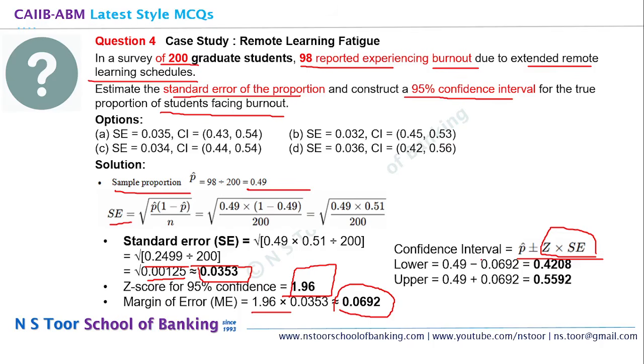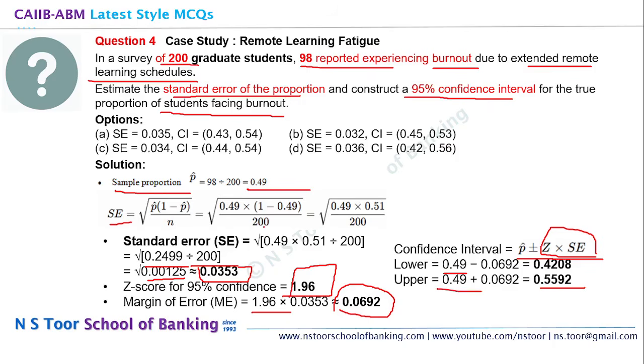So my confidence interval will be P hat, that is 0.49, minus 0.0692, which is equal to 0.4208. It is the lower confidence limit. And 0.49 plus 0.0692 is equal to 0.5592, which will be my upper confidence limit.